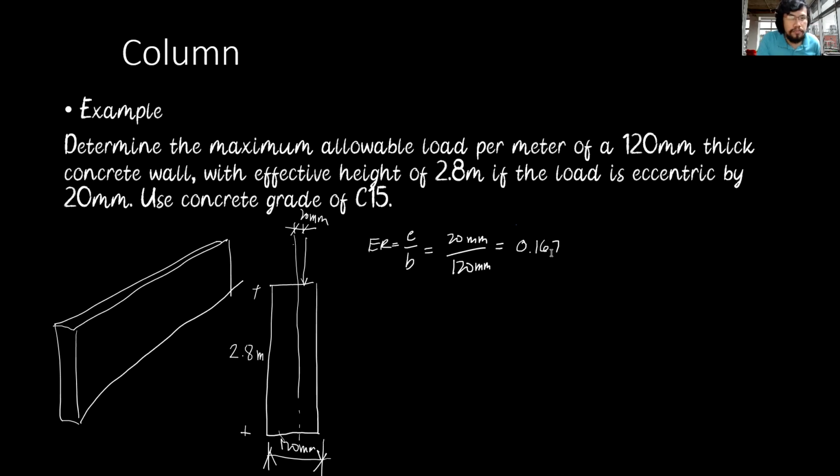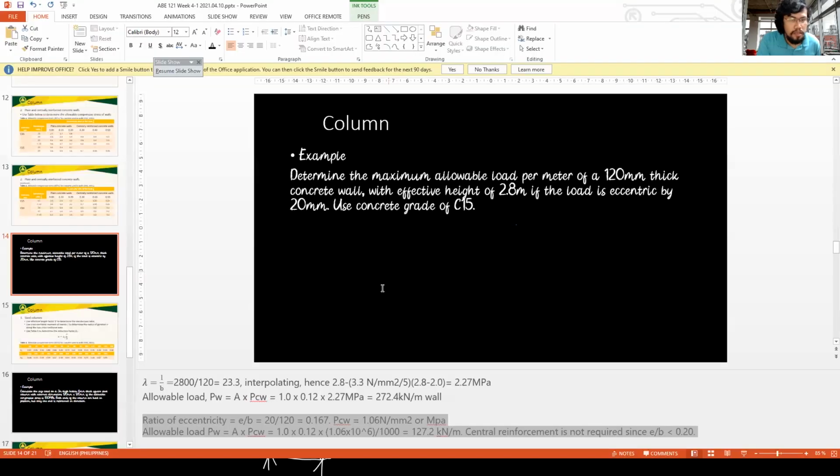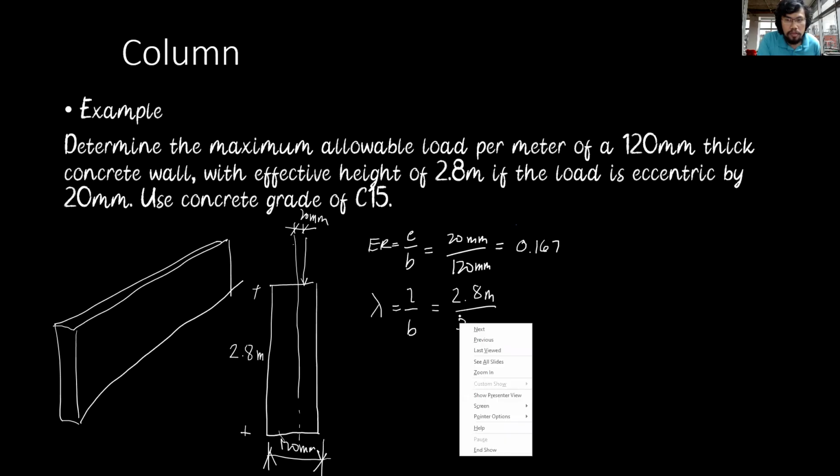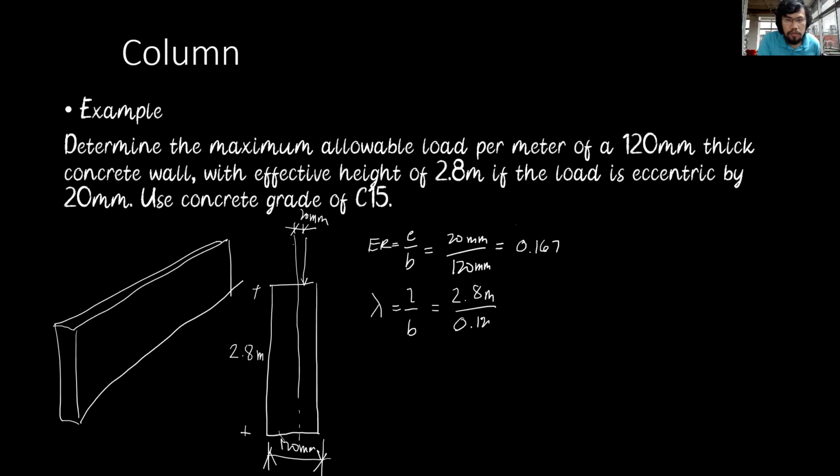It's unitless. And when you get this value, since we have the slenderness ratio, the effective length is 2.8 meters over 0.120, or 0.12, and we get 23.3, right?